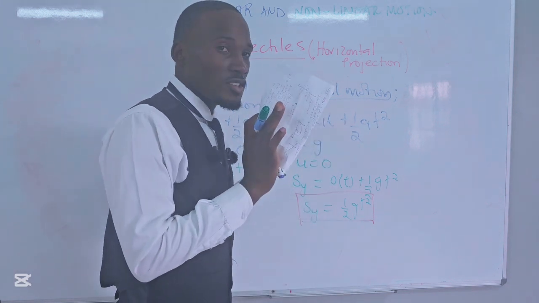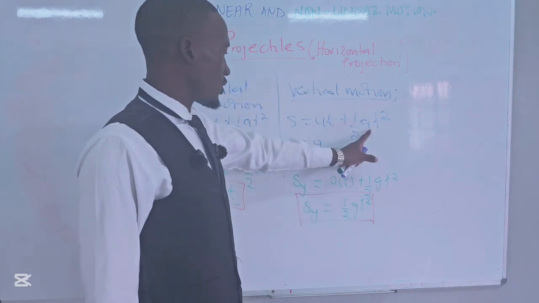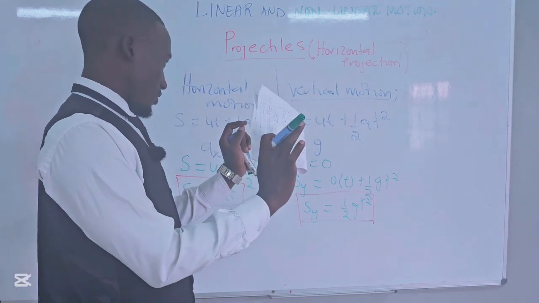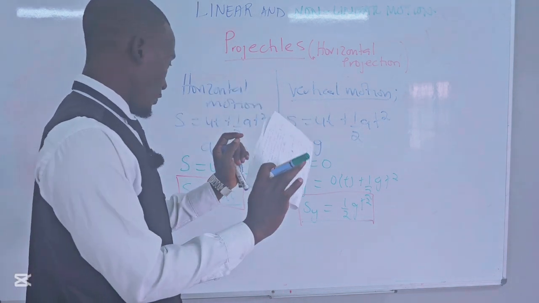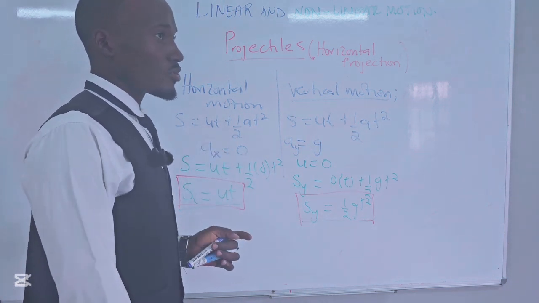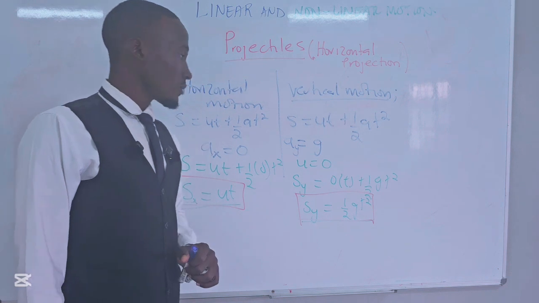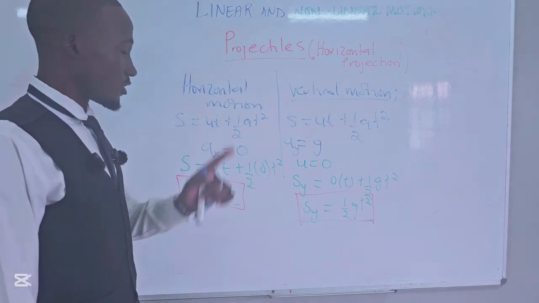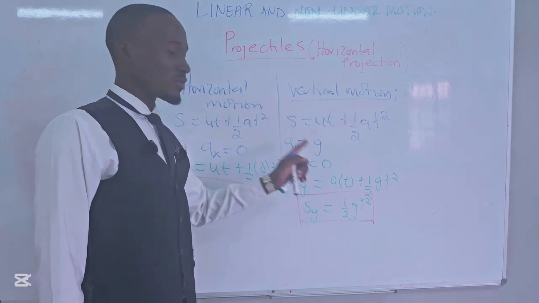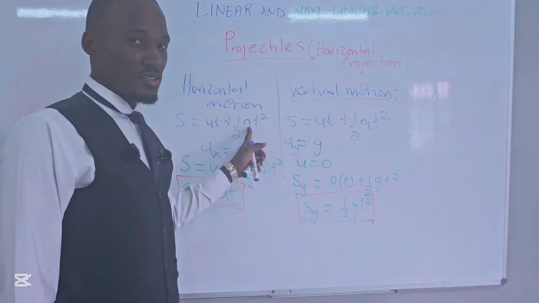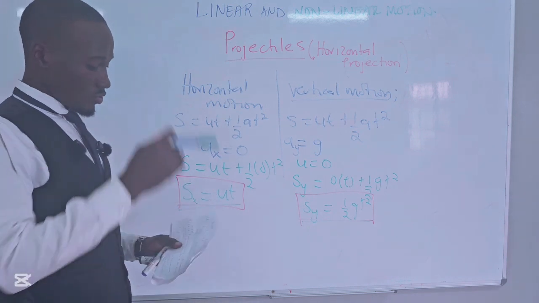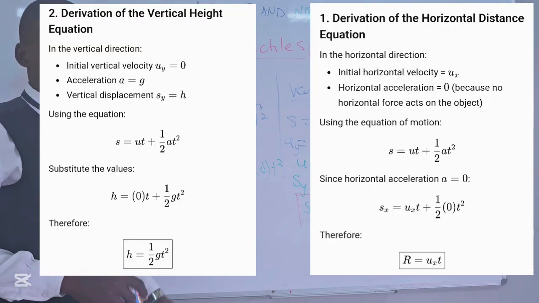Since it is in the gravitational field, the acceleration will be g. Similarly, when giving it a horizontal projection, it is going to have only one acceleration, and this is always a vertical acceleration. It is never a horizontal acceleration. So the acceleration in the horizontal will be 0. Let's do some examples using these equations.